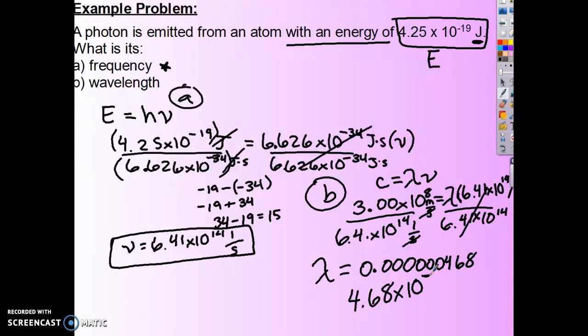I've got 6 zeros, and then I have to move it one more space past those zeros, so it's going to be to the negative 7. And we just said we expected it to be near the negative 6 power, so if you got this on your calculator, then you know that you did your calculation correctly. And that's all we have for today.